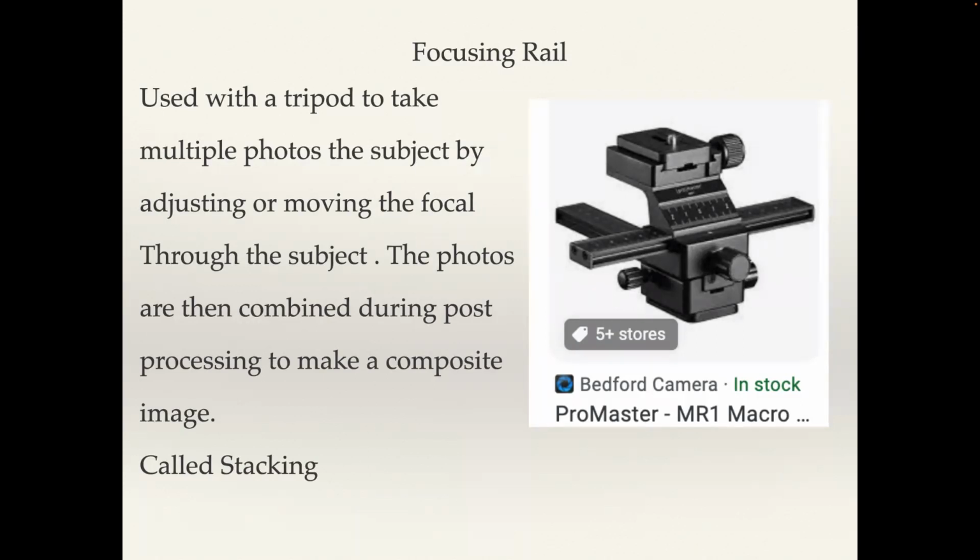And it mounts on there, and then you manually move your camera forward or backward on this rail, and you select the subject and focus on, for instance, the very front of the subject, like the nose on a person or a petal on a flower, and then take a picture, and you incrementally move the camera closer and take more photos. Then you combine those photos in post-processing to make a composite image, and this is called photo stacking.